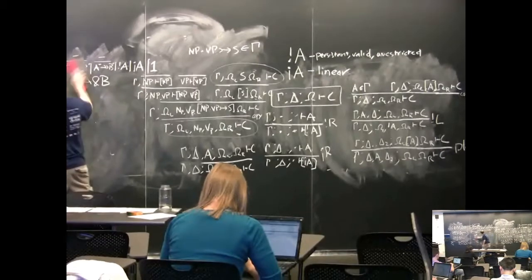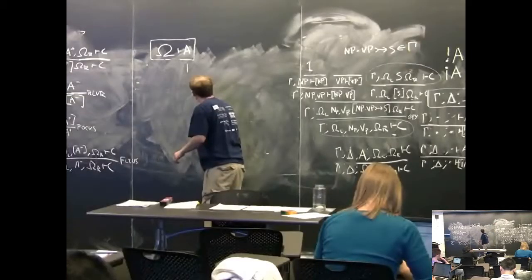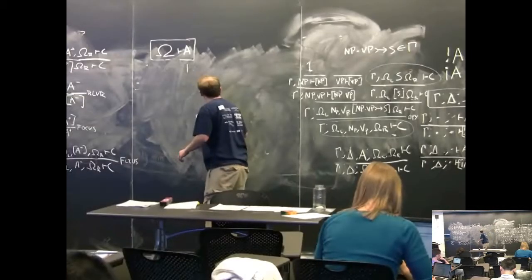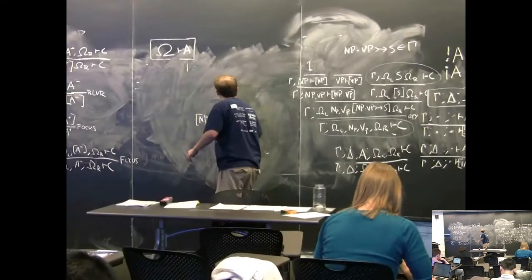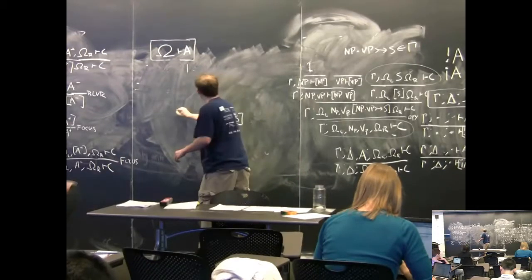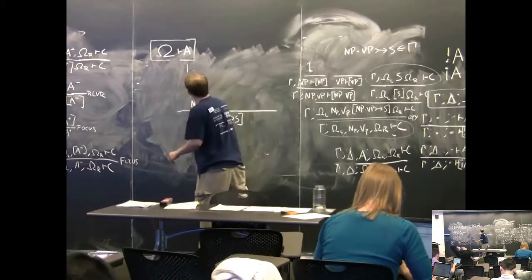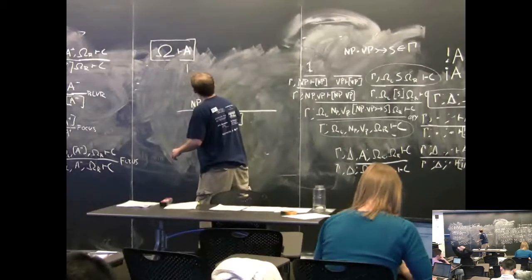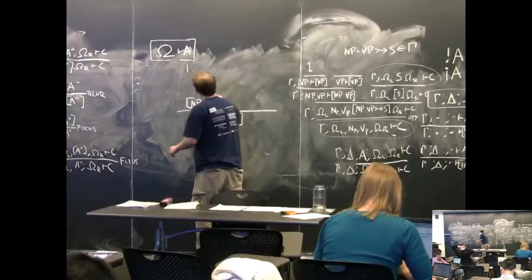Now if I want to give the derived rule where everything is a negative atomic proposition, I'm going to start off with noun phrase, verb phrase proves S. I'm going to need to prove noun phrase, verb phrase.